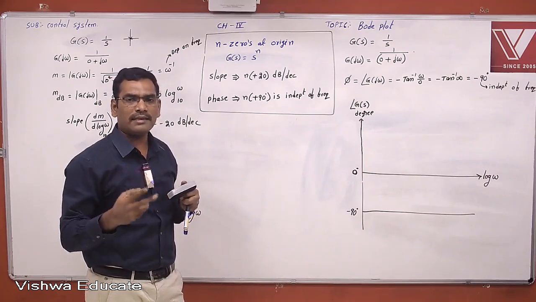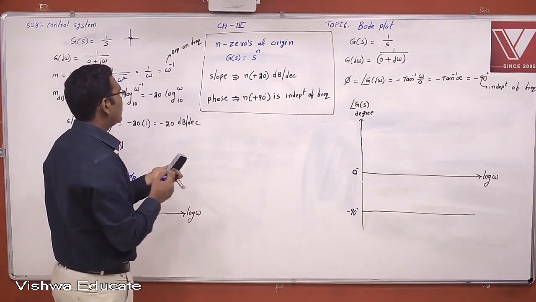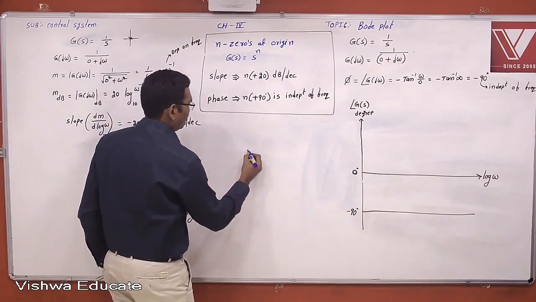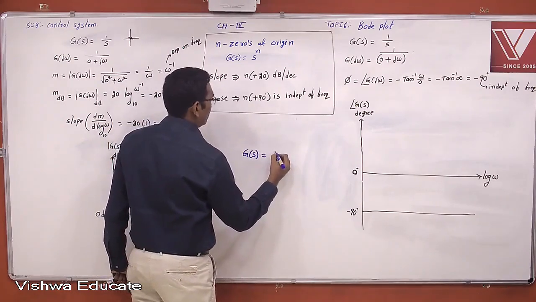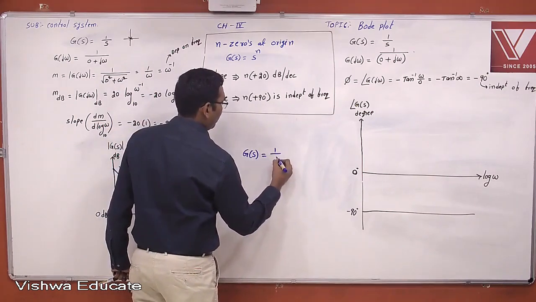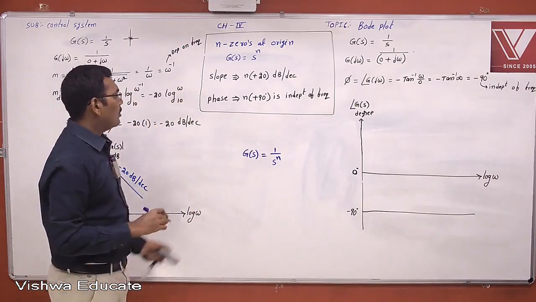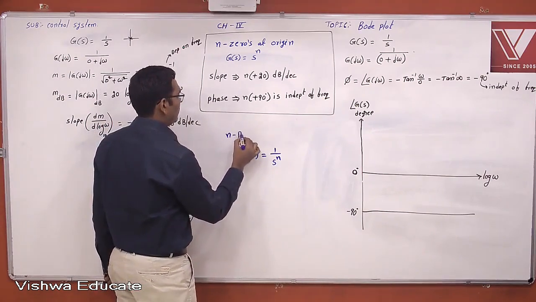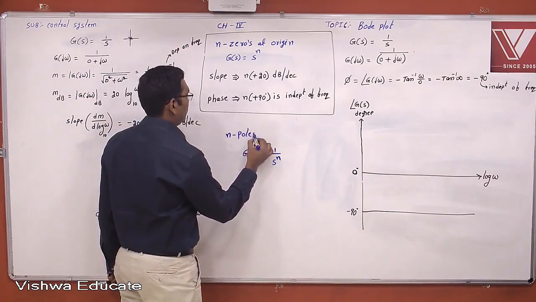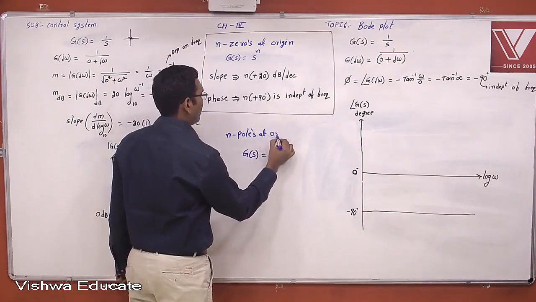Two is nothing but multiplication, three is nothing but multiplication of that. So can I write like this? G of S equal to 1 by S power n means n poles at origin.